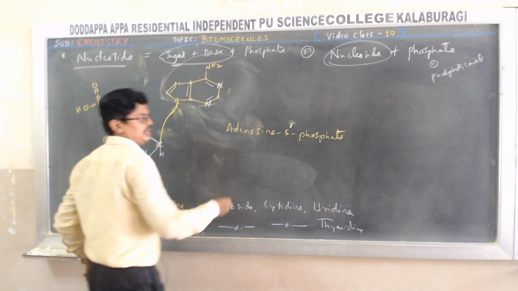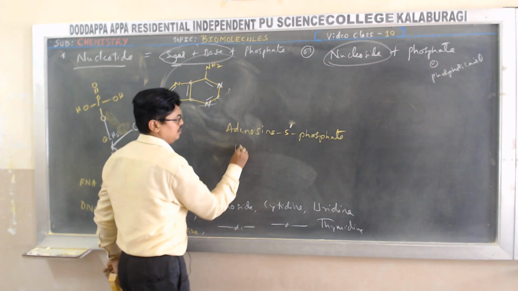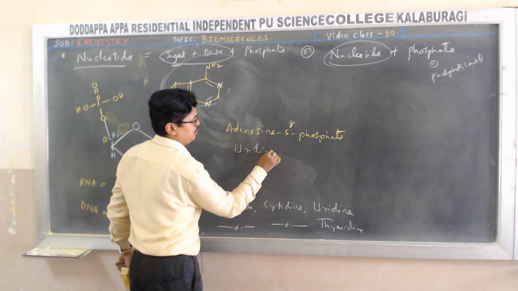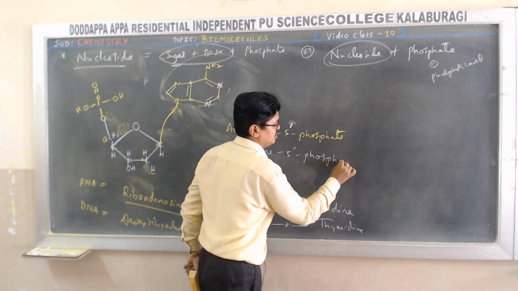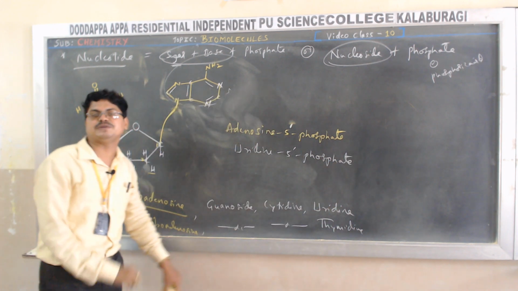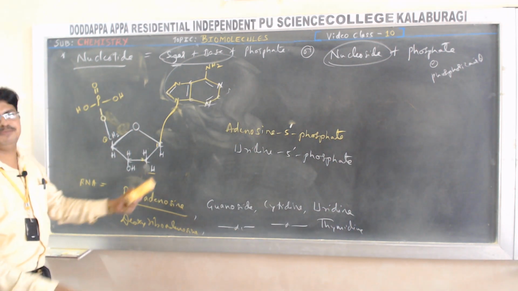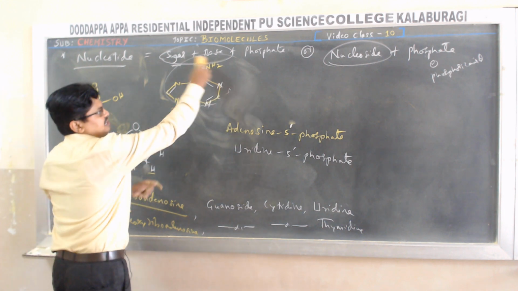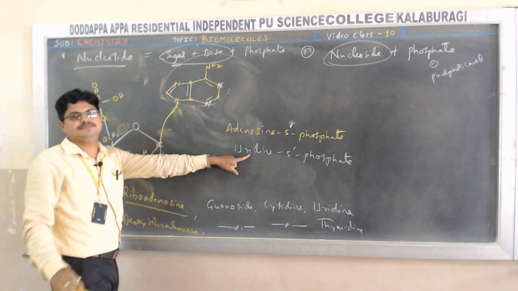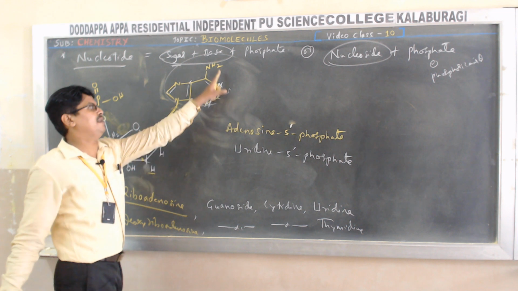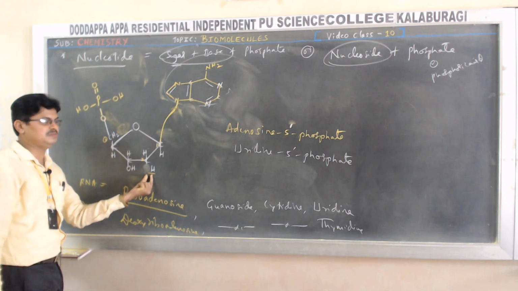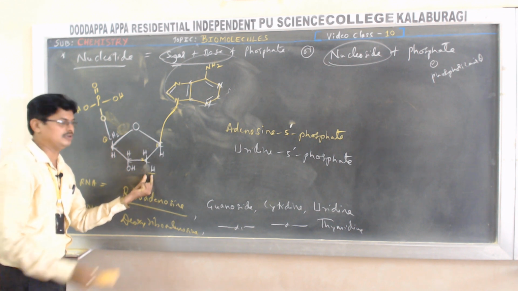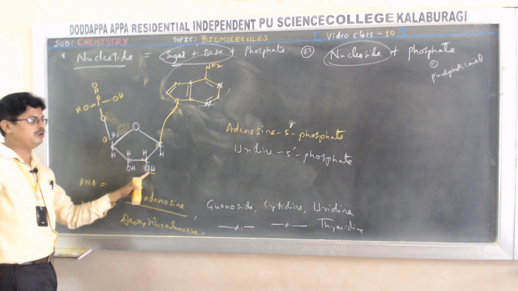Similarly, if they ask you to write the structure of uridine 5-phosphate, very simple. Replace this adenine by uracil. Okay, write the uracil structure here. Then here H means it is a deoxyribose sugar, but in RNA, OH should be there.